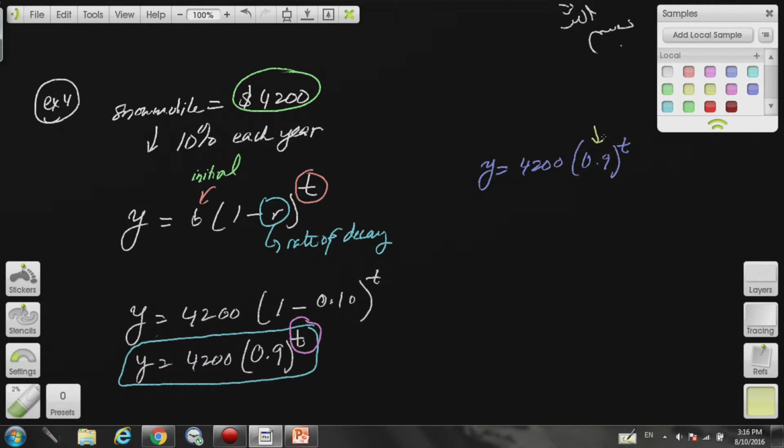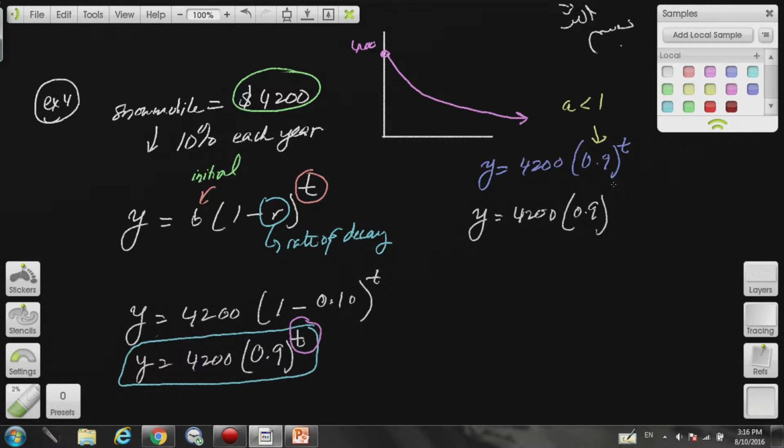Now, appreciate that this is a and it's less than 1. Therefore, this should be modeled by exponential decay. So there'll be some initial value here, which is 4,200, and the value will depreciate in an exponential form like that, exponential decay. So after 3 years, when t is 3, the value of the snowmobile will be this.